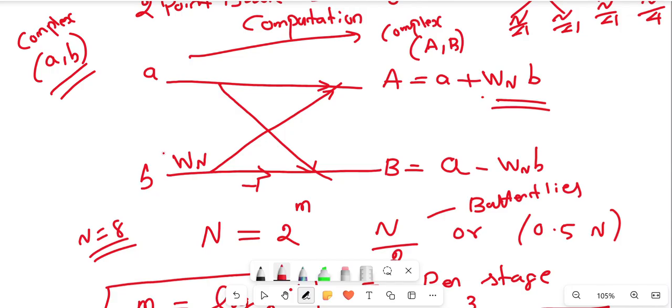We can store the result A and B in the same locations. There is no need to save the input pair a and b. The result A and B can be stored in the same locations.